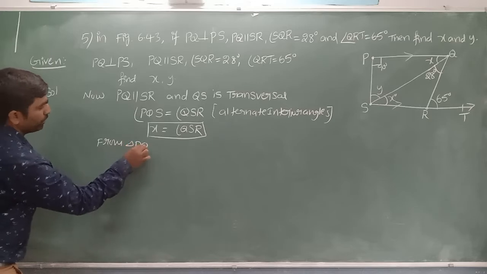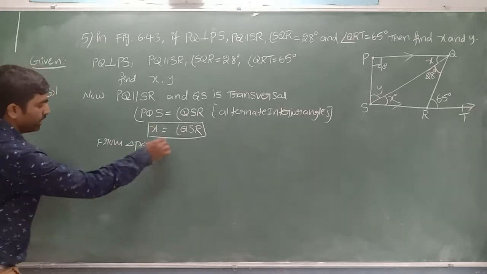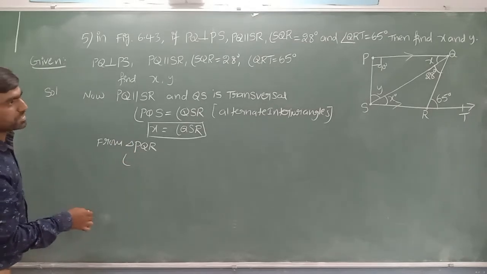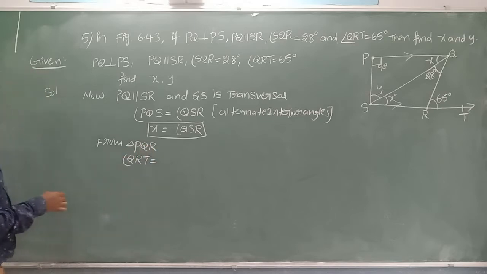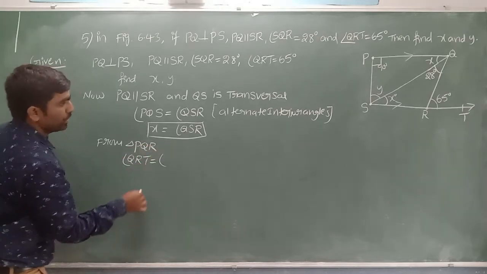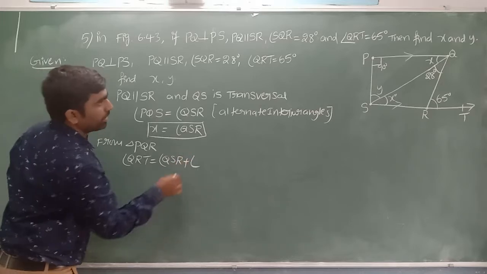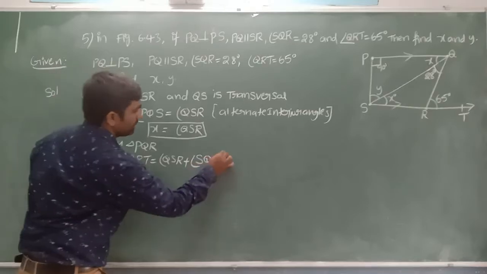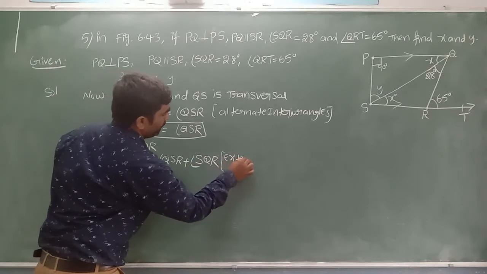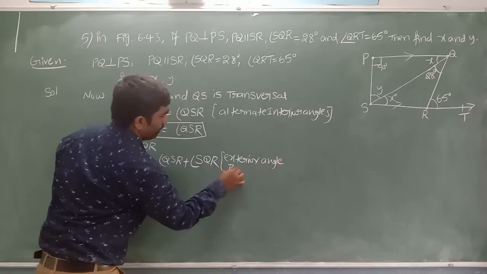What is the exterior angle? Angle QRT is equal to angle QSR plus angle SQR. The reason is the exterior angle property.